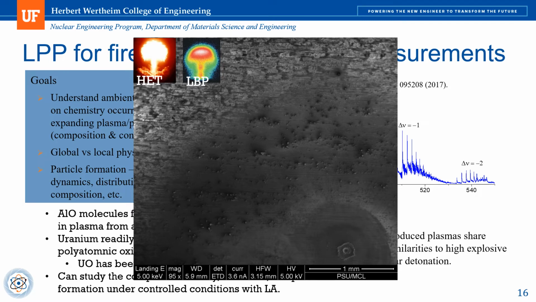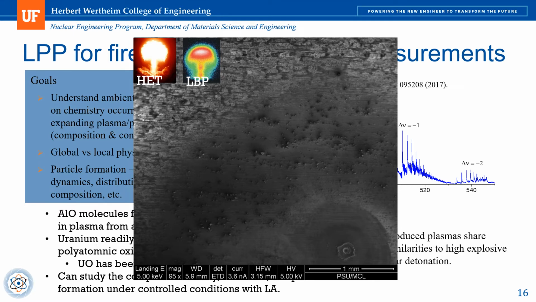This is an SEM image of a laser ablation event where you can see, towards the bottom right, the actual crater from the ablation event, a kind of sloshing of the ablated material out, forming a larger crater, a heat-affected zone that's kind of burned and cleaned the surface of the sample, and you see the particulate distribution that was formed on the sample surface following this laser ablation event.